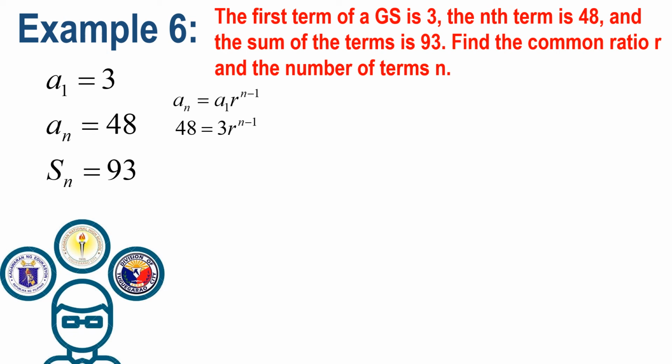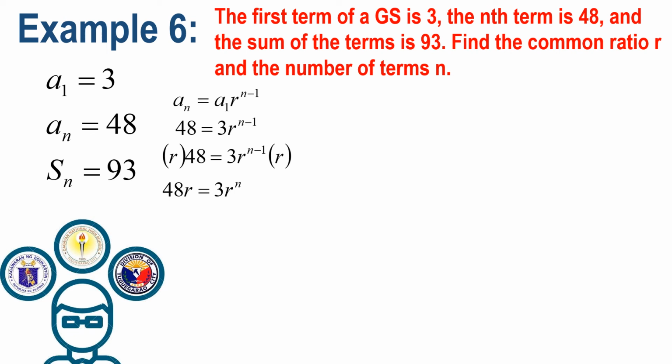Now, multiplying both sides of the equation by r will give me 48r is equal to 3r raised to the nth power. Okay, so where did r raised to the nth power come from? So that came from multiplying r raised to n minus 1 times r.